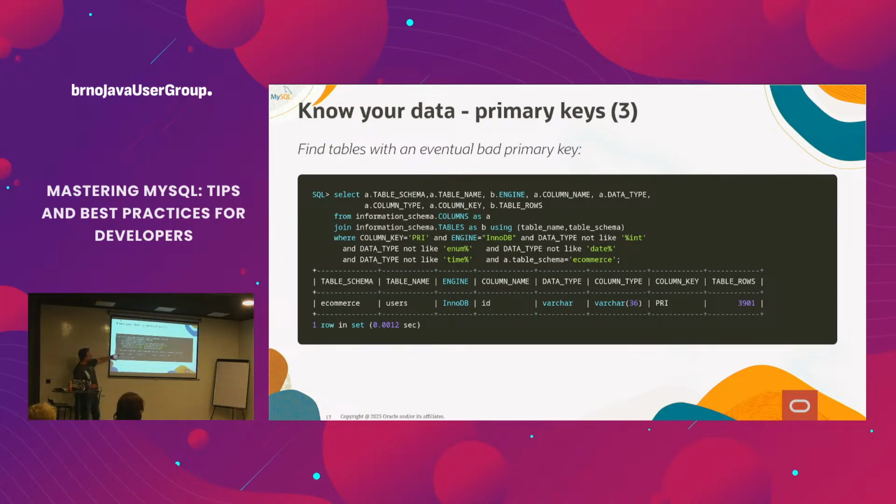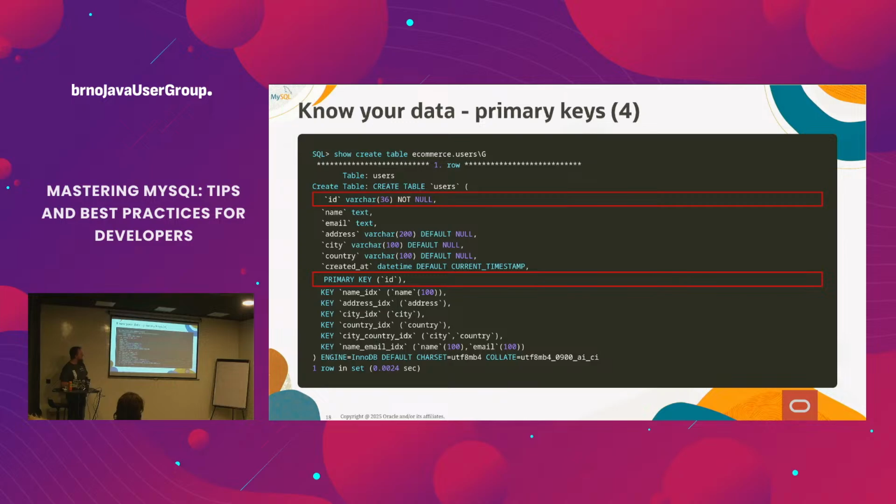And you can see that here for the table users, we have a column which is an ID. It's a varchar 36. So maybe it's good, maybe it's not good, but at least I have an idea to see this one doesn't seem to be a good primary key because 36 characters might be too long for a primary key.